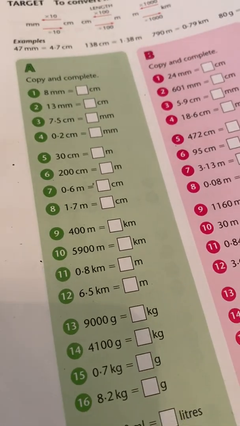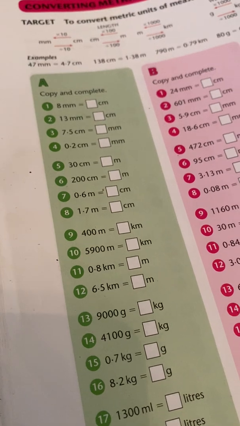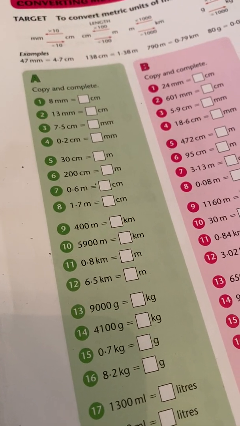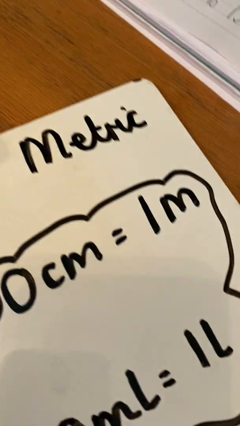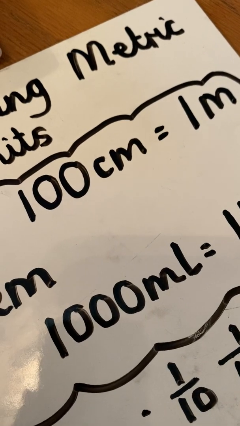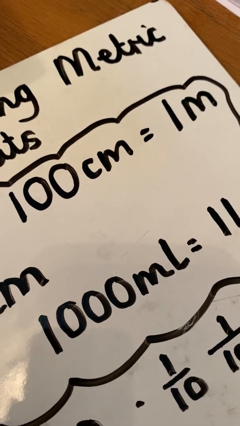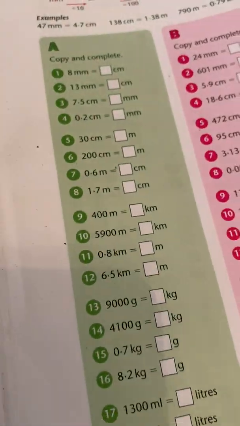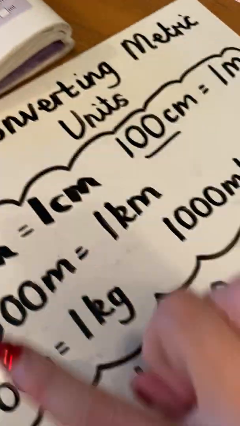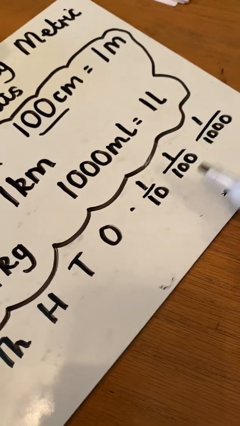So when we're going from centimetres to millimetres, we're going to times by 10. Once you get to question 5, it's asking you centimetres into metres. Use your poster. This time it's 100 centimetres is 1 metre. So that's what you're going to be timesing and dividing by, 100. Okay. And you just keep working down. If you have this information, it will make it so much easier.